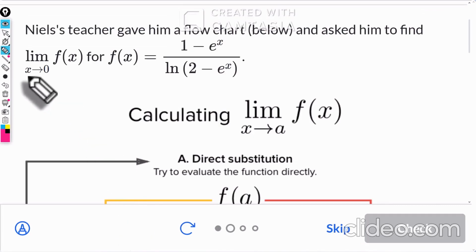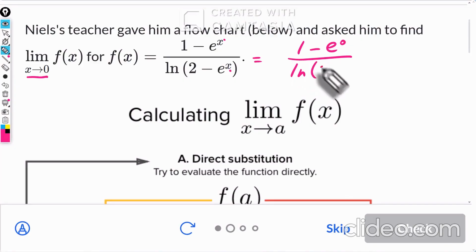All right, here we have the limit as x approaches 0. Let's try direct substitution. So wherever you see an x, sub in 0, it's going to be 1 minus e to the 0, over ln of 2 minus e to the 0. All right, anything to the 0 is 1.